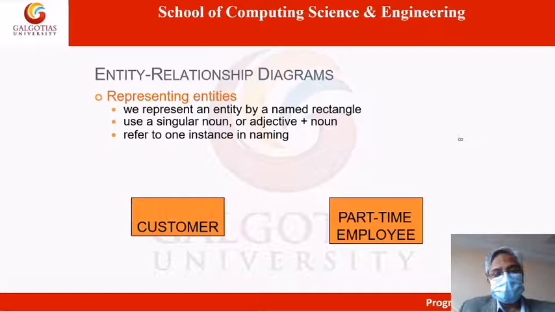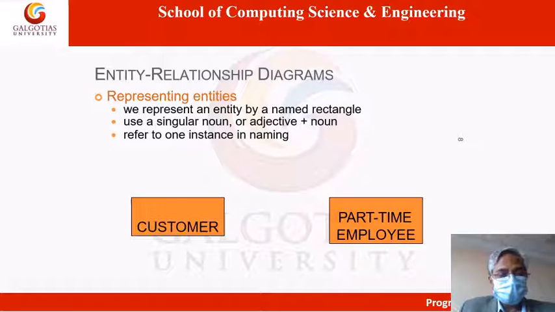So adjective plus noun. Then refer to one instance in naming. Since this entity may have several customers in the list, we are not making it plural. Only one instance, meaning one value of customer, is taken care of in the name.